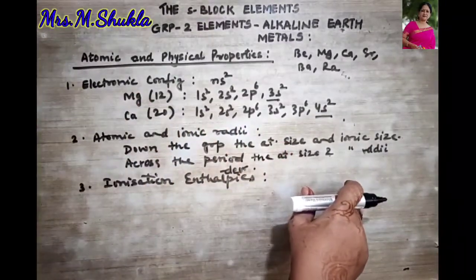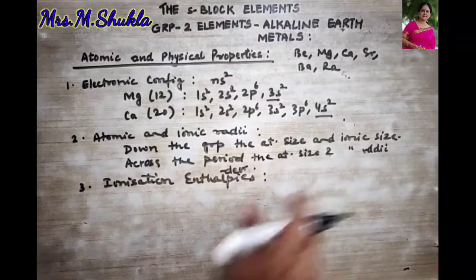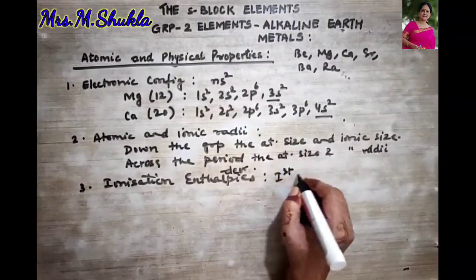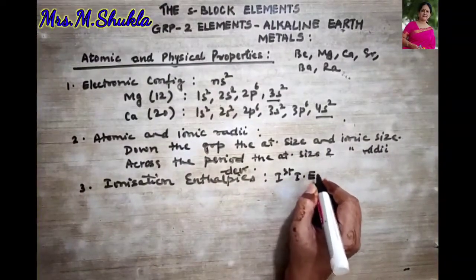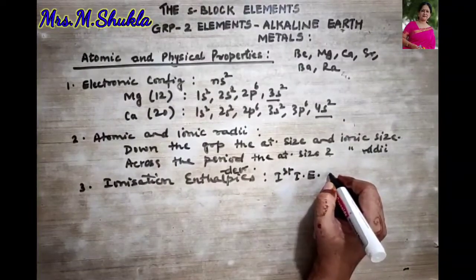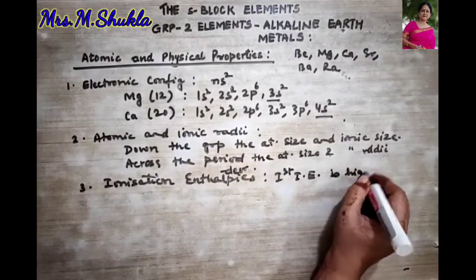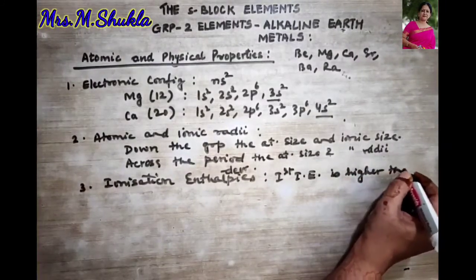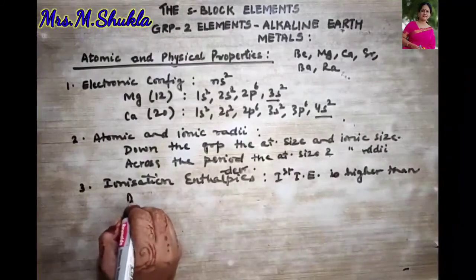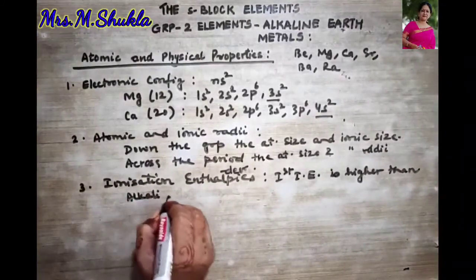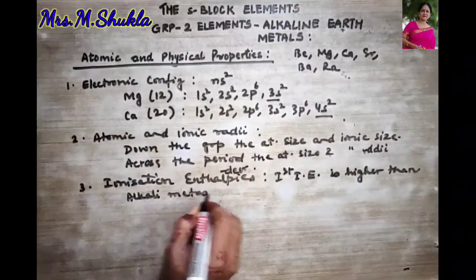On moving down the group, the ionization enthalpy, as you all know, always decreases, and across the period it always increases. So the first ionization enthalpy is higher than alkali metals.